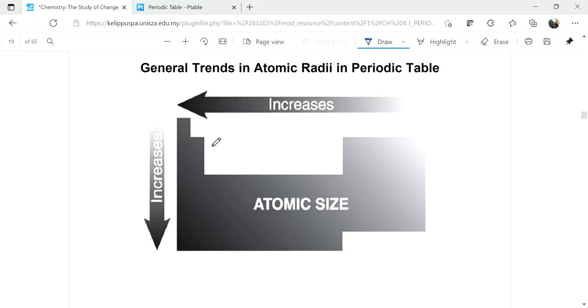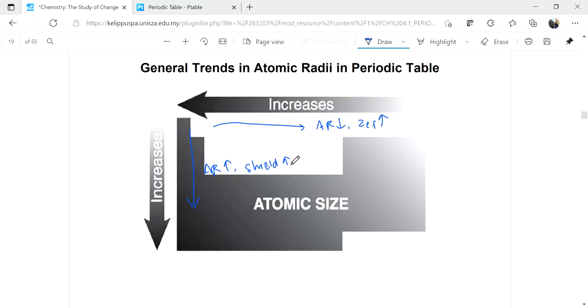So across period, atomic radius decreases because the ZF is increased. Going down the group, the atomic radius increases because the shielding effect is increased.